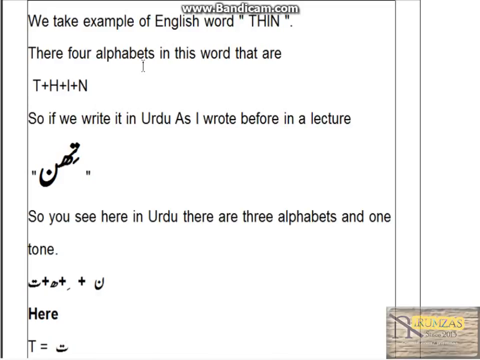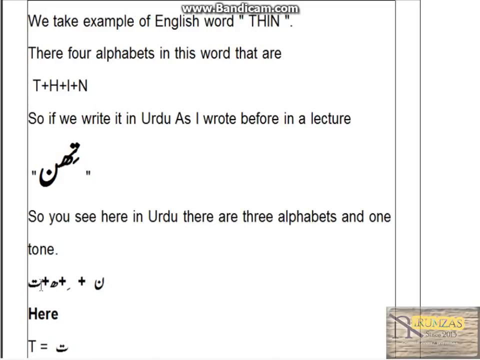There are 4 alphabets in this word: T, H, I, N. If we write it in Urdu as I wrote before in a lecture, the I in thin is representing the zer tone, thin. So you see here in Urdu there are 3 alphabets and 1 tone.